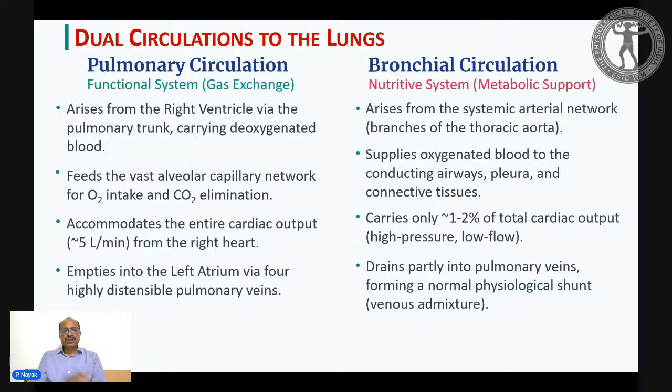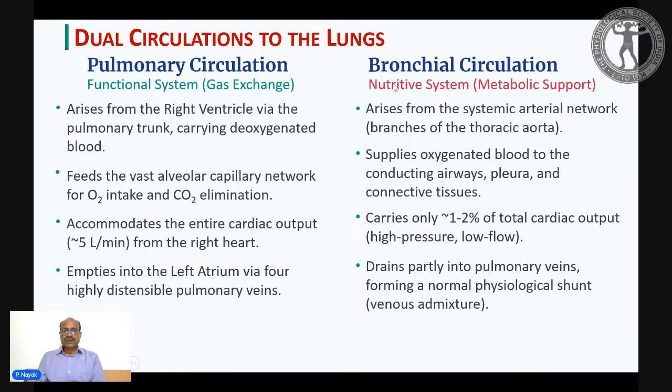Apart from these, the major function is the gas exchange, so it is a functional system. Whereas the bronchial circulation, these lungs and their structures need nutrition. They also need oxygen. Where will they get it from? They will get it from the nutritive system, the metabolic support from the bronchial circulation.